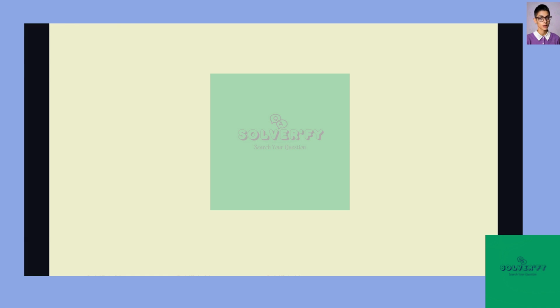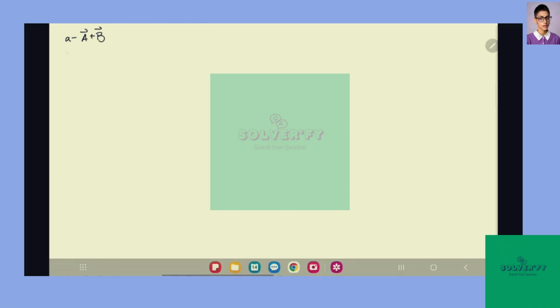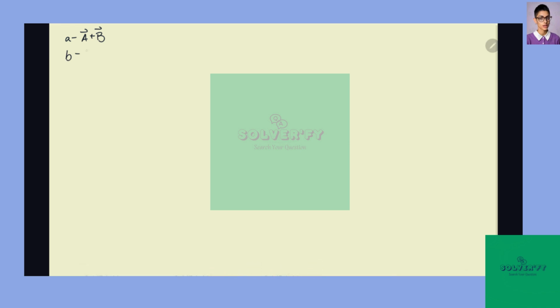We want to graphically find A plus B, A minus B, B minus A, and finally A minus 2B.